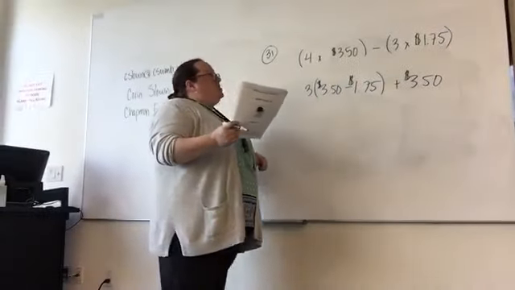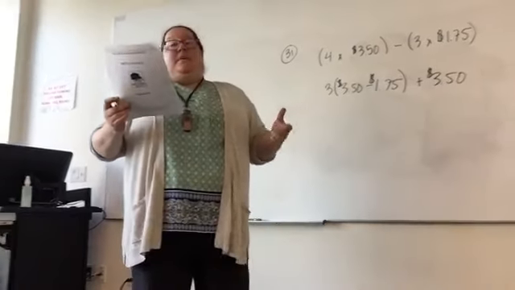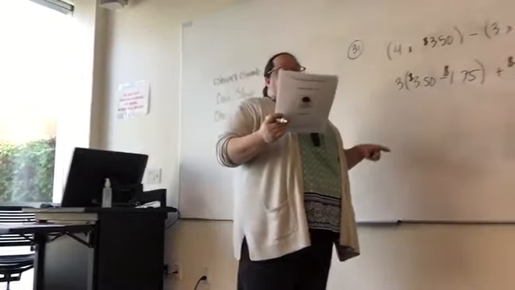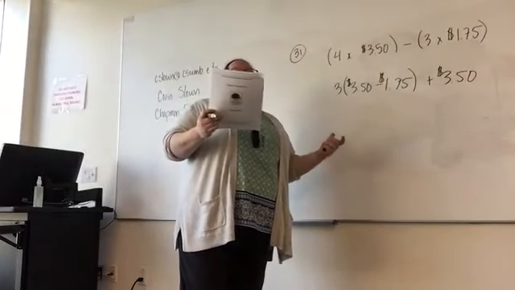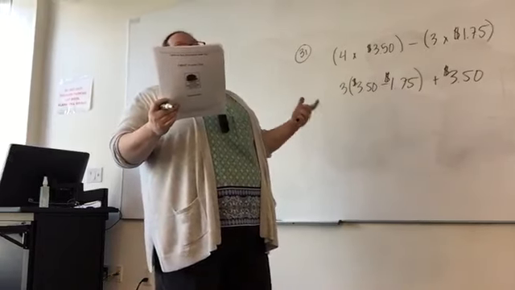The other expressions aren't going to work for a couple of reasons. A isn't going to work because it doesn't account for the number of notebooks. C doesn't work because it only accounts for the number of notebooks that are valued at $3.50, but it excludes the number of notebooks for $1.75.